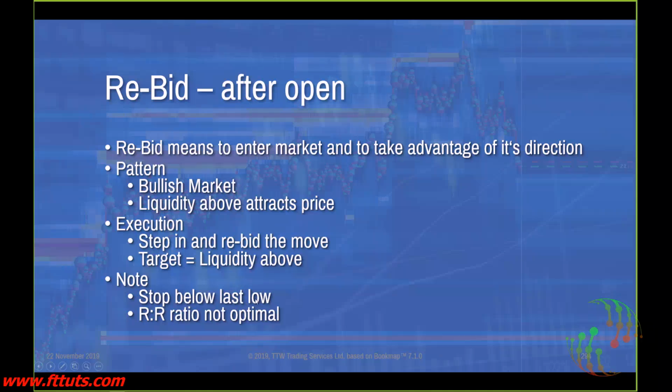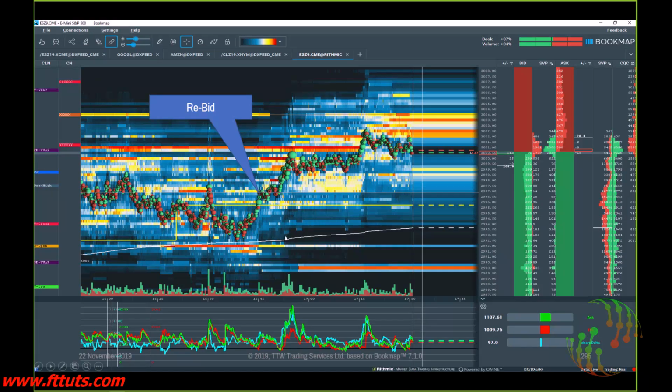Stop below the last low, and you have to be aware that the risk-reward ratio is not optimal in this case, because look here, the market was a little bit sideways pre-open, but we had enough information in the preparation that the market is likely to go up and to trade up.